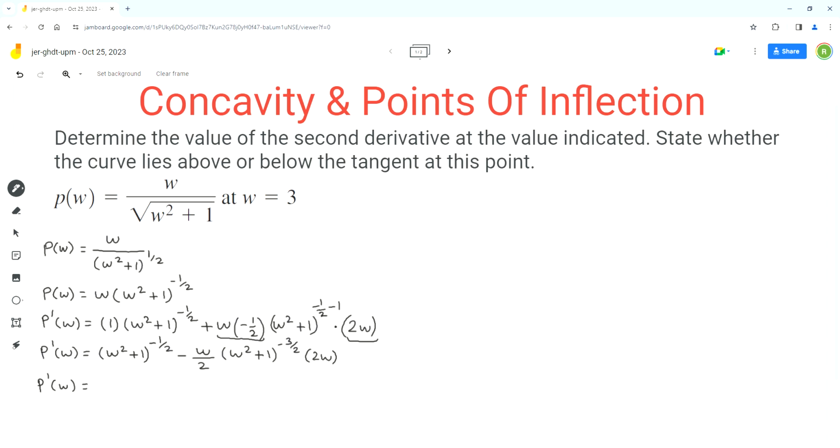So we can multiply them in the second part. So the first part stays the same, and negative w over 2 times 2w will be just negative w squared. The 2's will get cancelled out. So this is the first derivative of the function p at w.